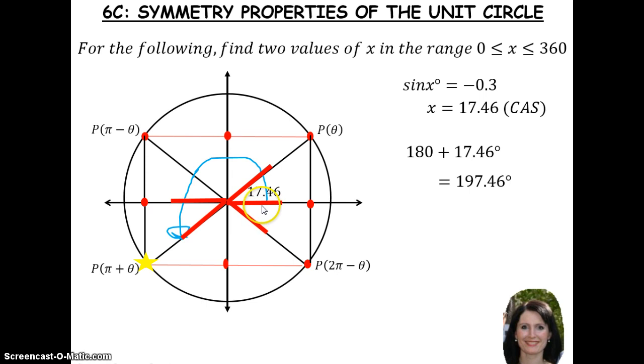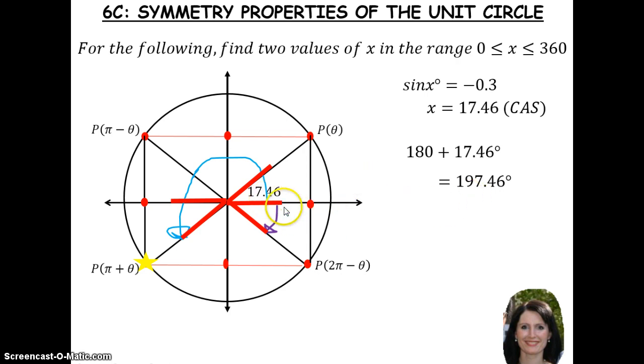Let's now go over here. So I'm going to take it into the fourth quadrant where sine is negative again. I'm going to put 17.46 in there. Now it's going to be all the way around the circle except for that part. So I could say 180 plus 90 plus the complement of 17.46.